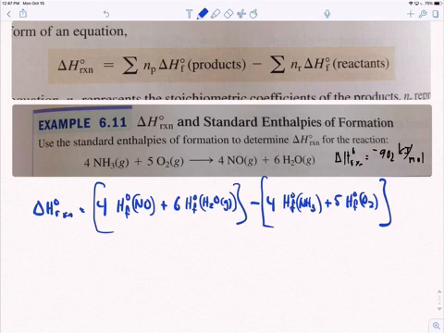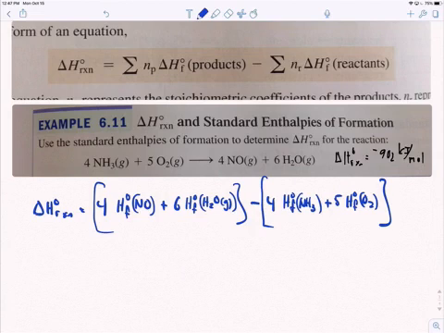We have the products first, the coefficient for NO is 4, for water is 6. So 4 heat of formation NO, 6 heat of formation water there. And then minus the sum of the reactants, 4 ammonias here, 5 oxygens there. So, is everyone good with that? Okay.